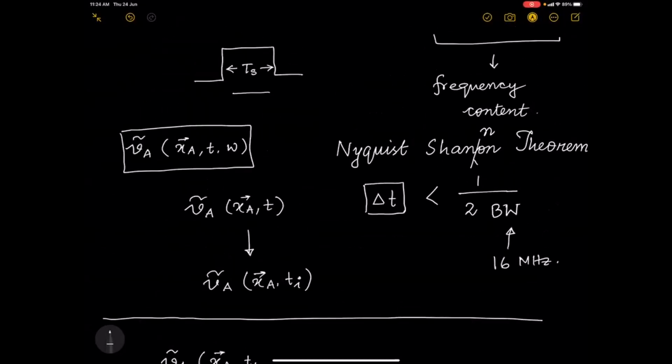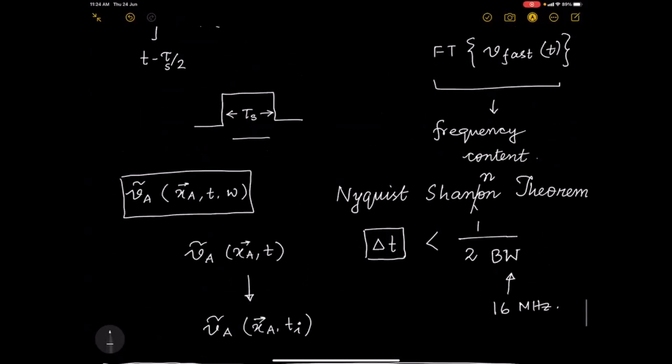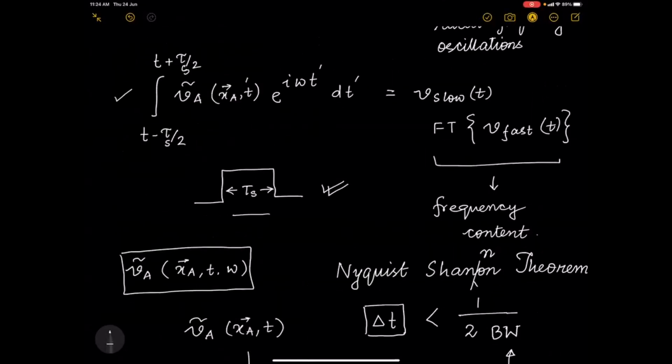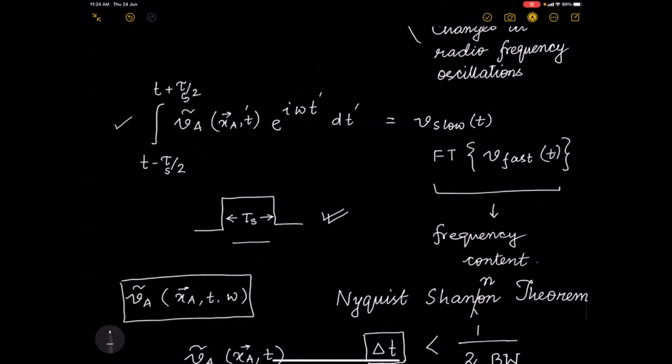There is something that this windowing of the signal does to the frequency content of the signal, which is that it adds a frequency dependence. Why is it so? Well, if I look at this expression, it's not quite a Fourier transform, because the Fourier transform integration is supposed to go from minus infinity to plus infinity.